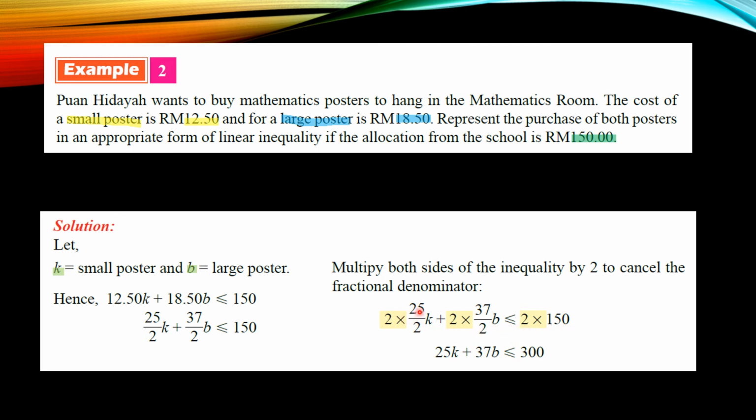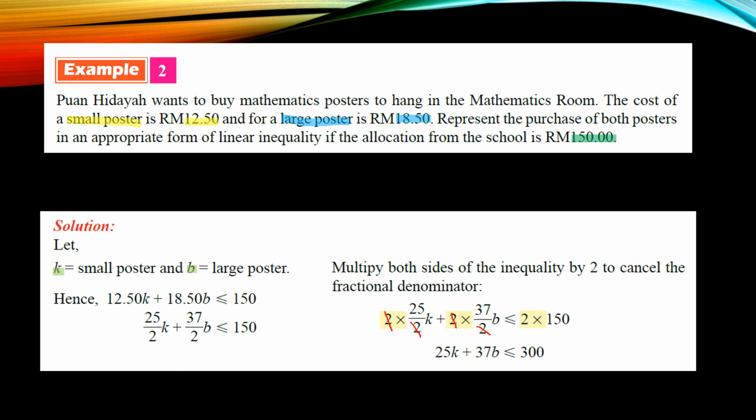So when 25 over 2 multiply with 2, these 2 will be cancelled. So you'll get 25. 2 times 37 over 2, so 2 will be cancelled, so you get 37B. Then 2 times 150 is 300. So you get 25K plus 37B less than or equal to 300.